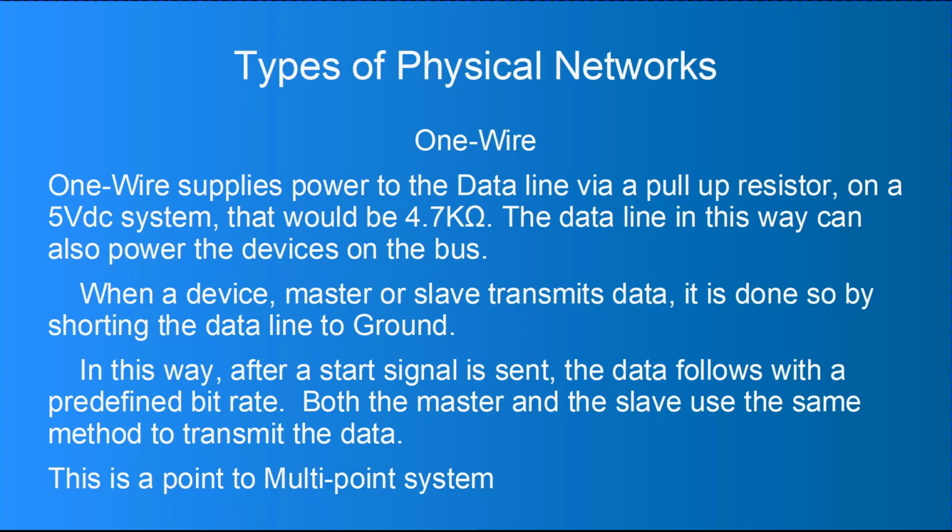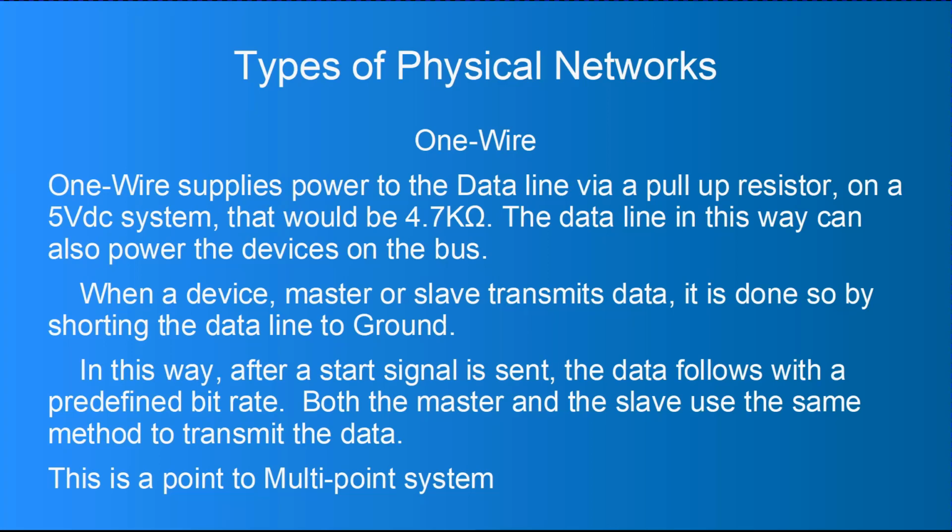All transmissions are started by the master, so it will send first the command to return data, and then it will send the start signal by transmitting a 0, pulling it to ground for a short time and releasing it again. The slaves then transmit by pulling the line to ground again for each bit that they need to transmit.